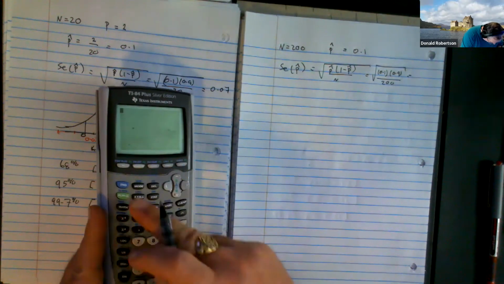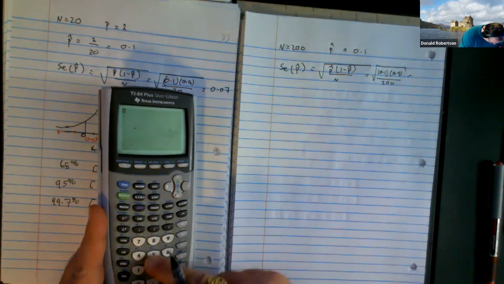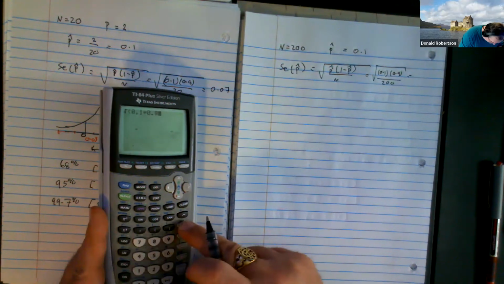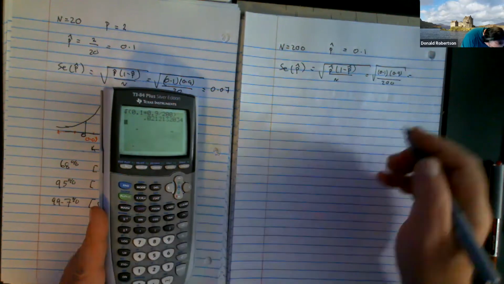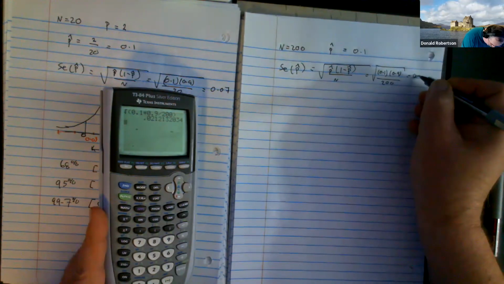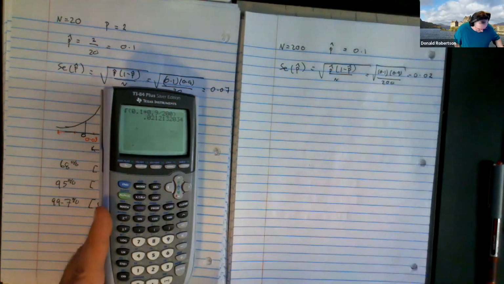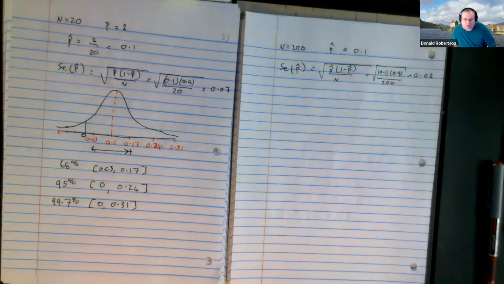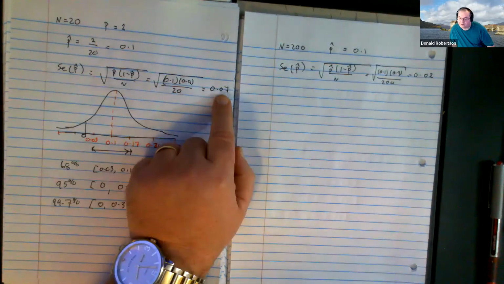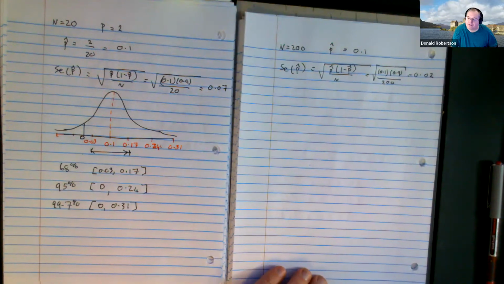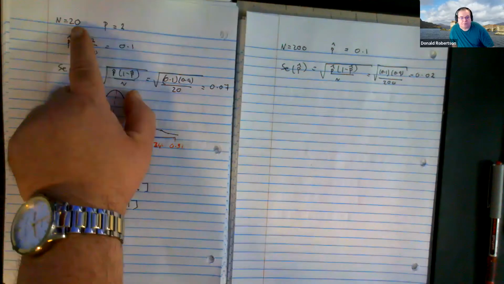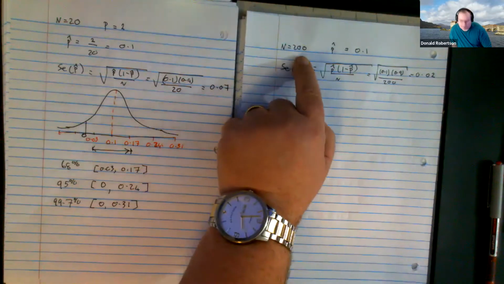And the square root of 0.1 times 0.9 divided by 200, we get the answer 0.02. Isn't that a lot better than 7%, right? And the only difference really was the sample size, right? Do you notice the difference that asking 200 people does?